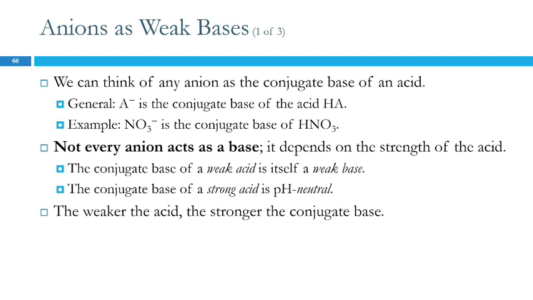The conjugate base of a strong acid like HNO3 is going to be pH neutral because it just ionizes completely and it's not going to go back the other way. The conjugate base of a weak acid will be a weak base. The weaker the acid, the stronger the base. It's kind of an up-down thing. If one's stronger, the other is weaker.